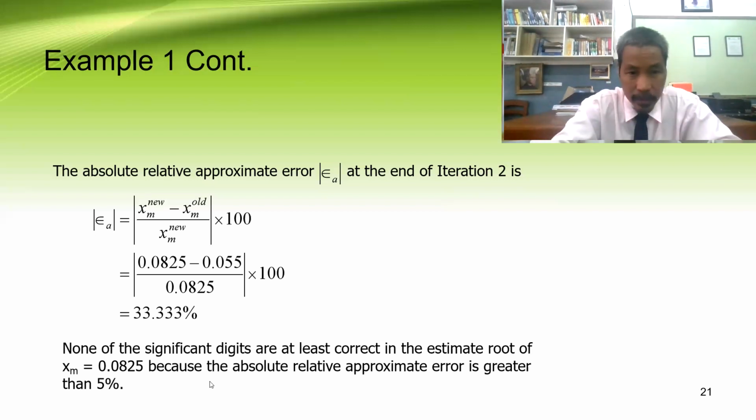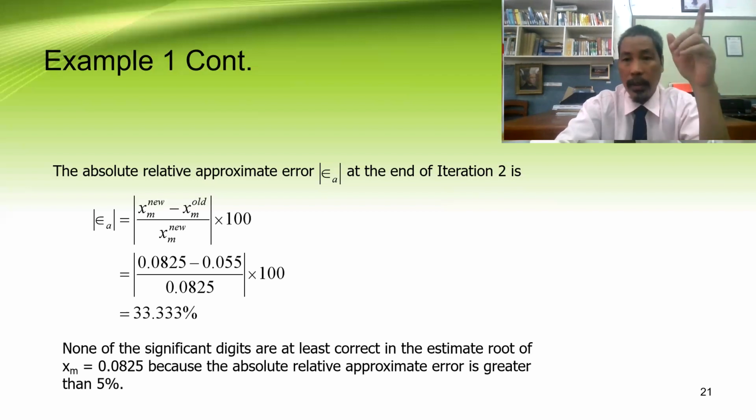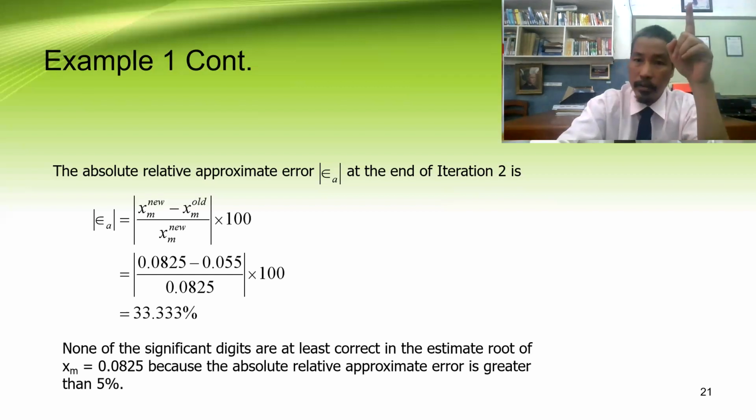Okay. None of the significant digits are at least correct in the estimated root. Okay, none, because 33% is larger than our criterion, which is 0.5 times 10 raised to the power of 2 minus m.